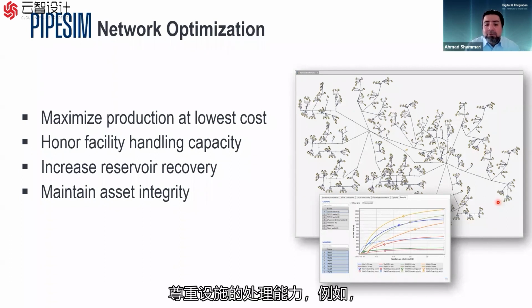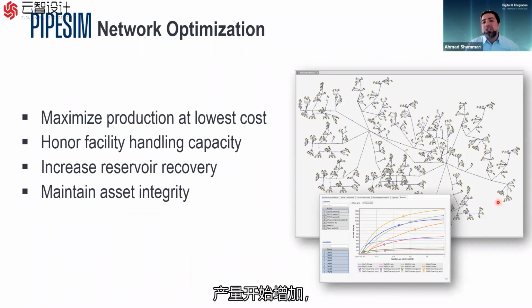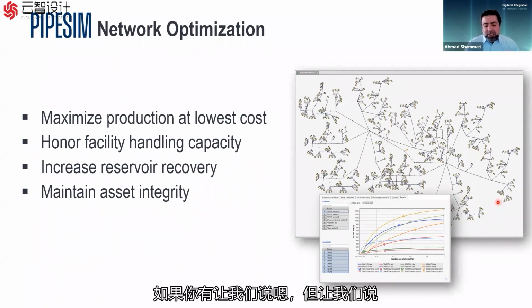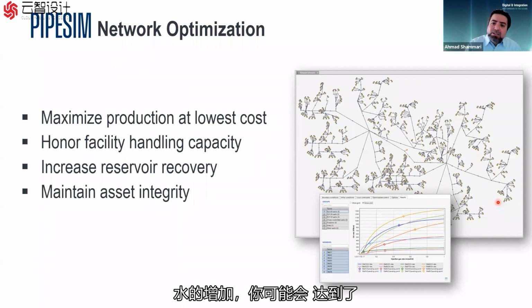How can I honor facility handling capacity? For example, with time, your water production starts to increase. If you have, let's say, a water layer under your oil, for example, then as the water increases, you might hit a limit of your separation facility.